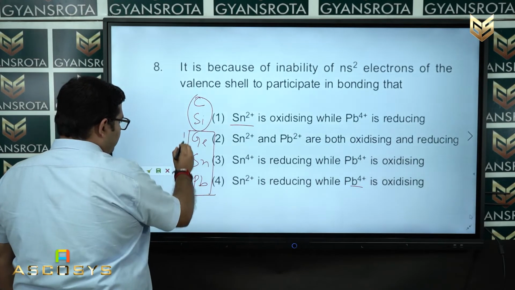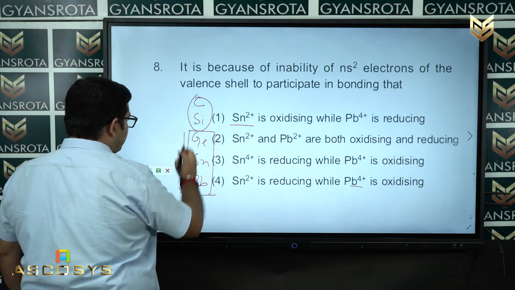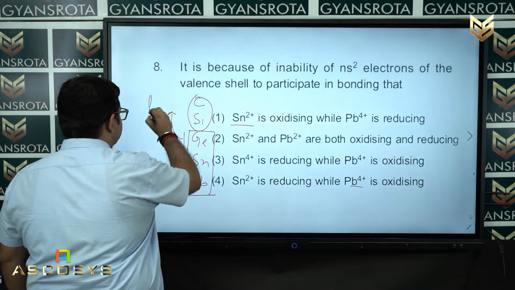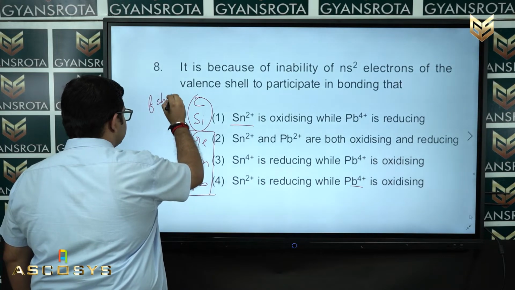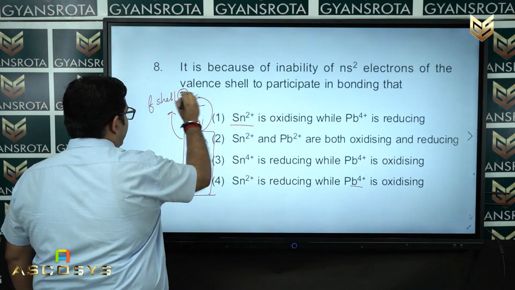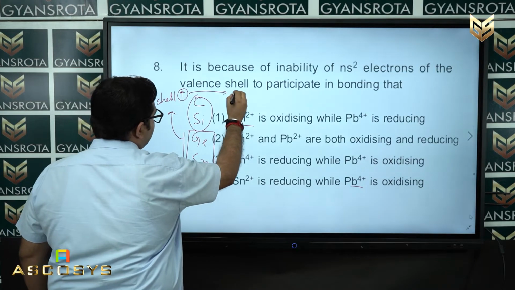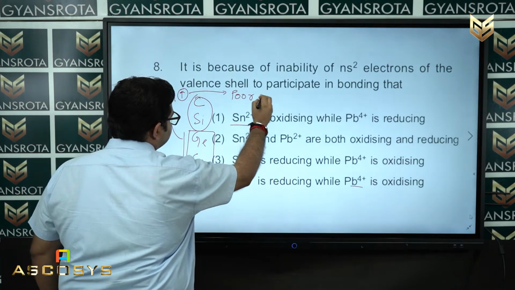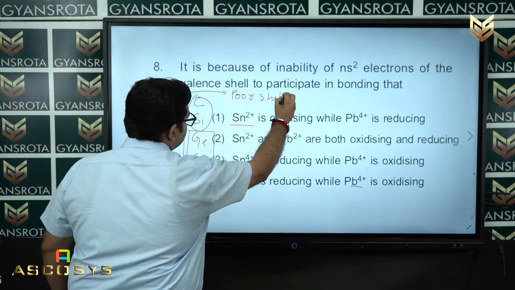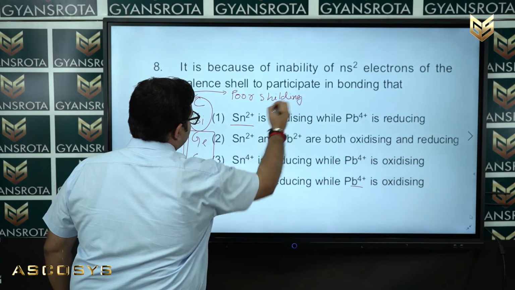Now, when you are moving down the group, what will happen? Your f-shell increases, and we all know f-shells are poor at shielding. So, what will happen?